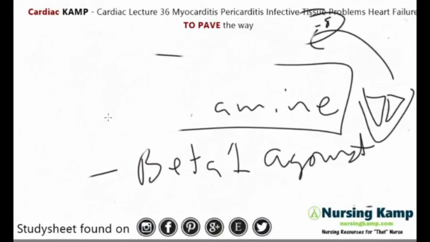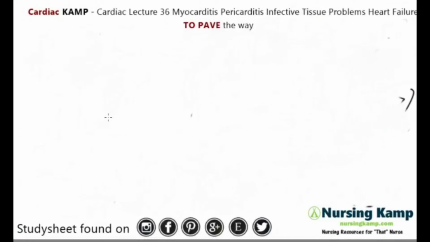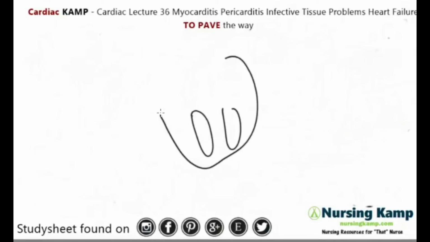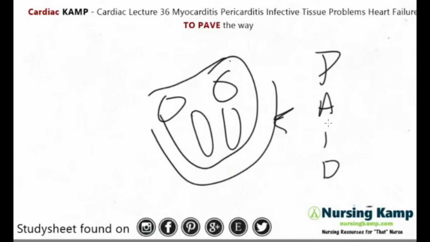Pericarditis. Well, pericarditis is the pericardium, right? So it's outside the heart. It's the sac that's outside. And the infections usually come from pericardiocentesis, where they stick a needle into the pericardium.